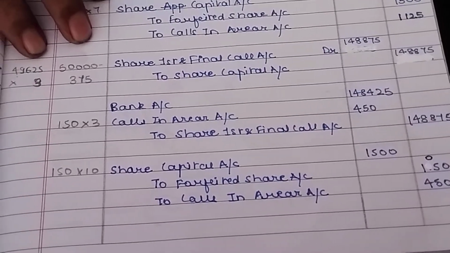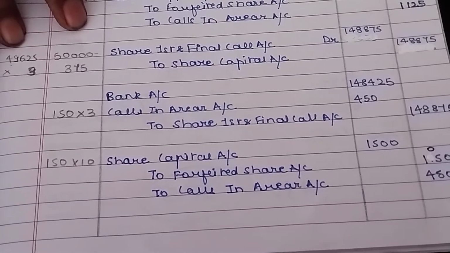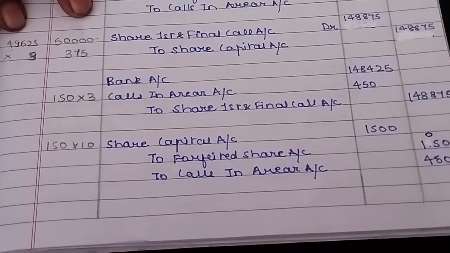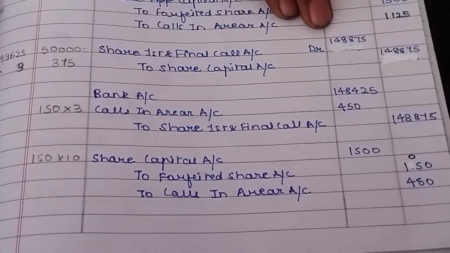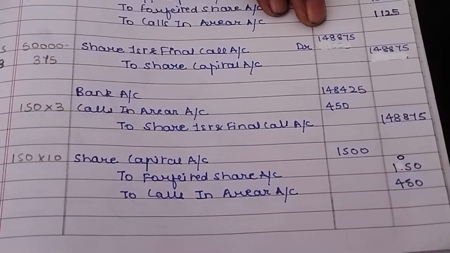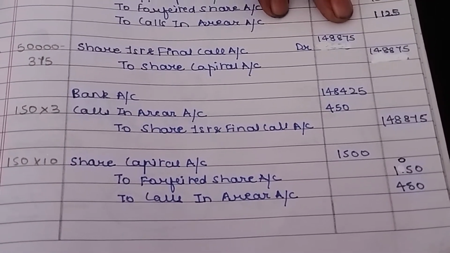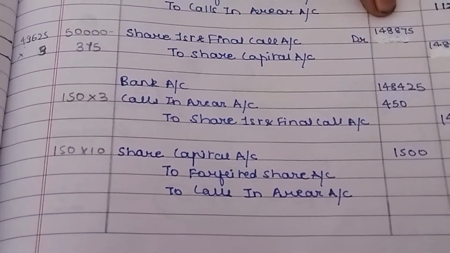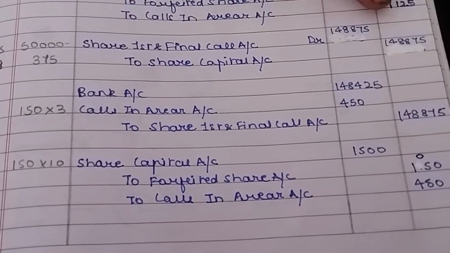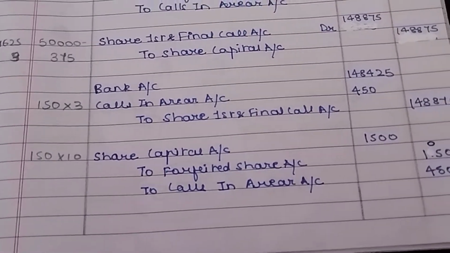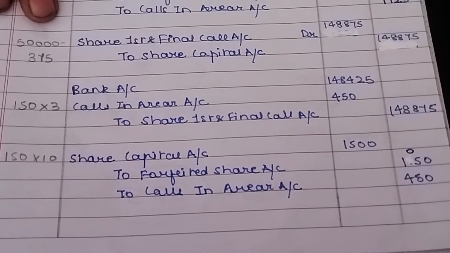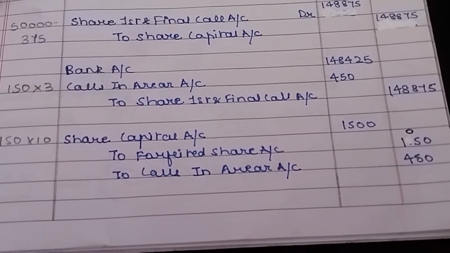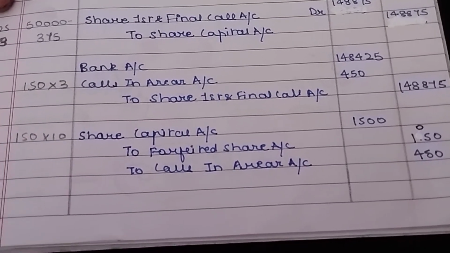Balancing shares 49,625 into 3, and the amount is 1,48,875. Narration being: share first and final call due on 49,625 shares at rupees 3 each.